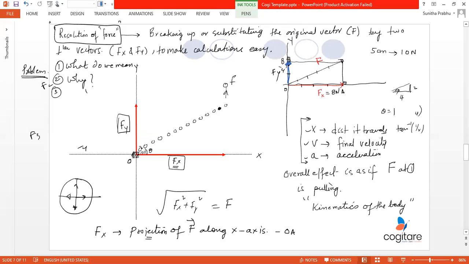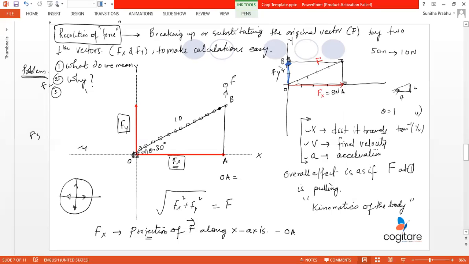The way to calculate it, we fall back on trigonometry. This was 10 and you are telling this is Fx, you want to find this out, and this angle is given as theta. Let us take, for example, 30 degrees. Can you guys who are very intelligent tell me how to calculate OA now? Cos 30.